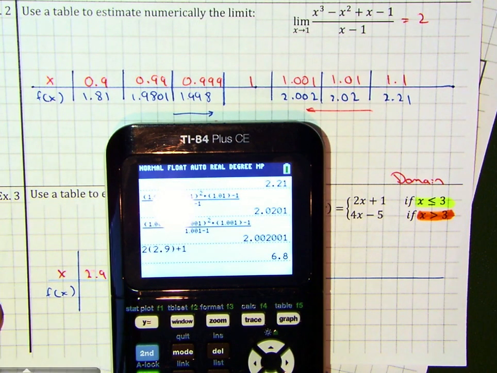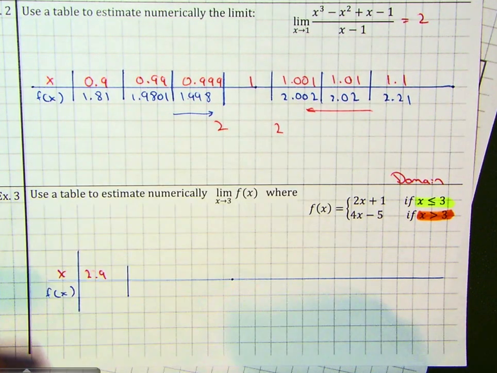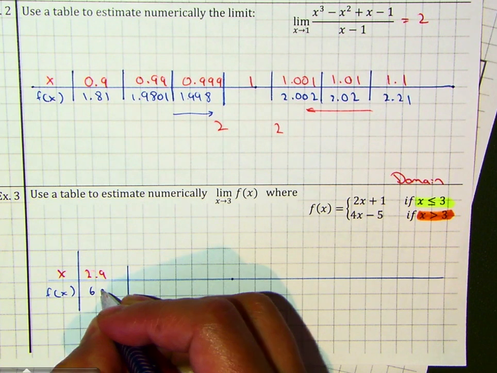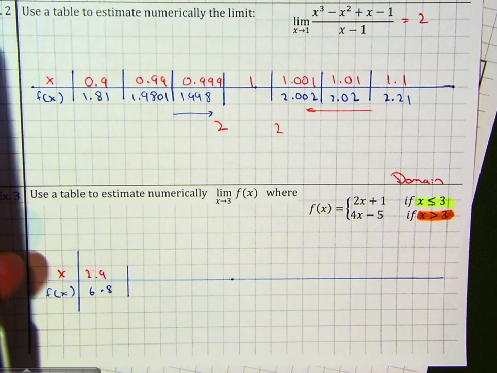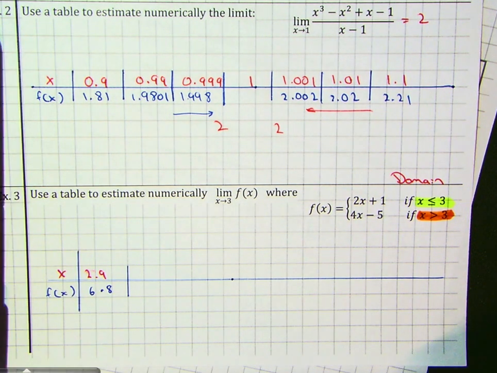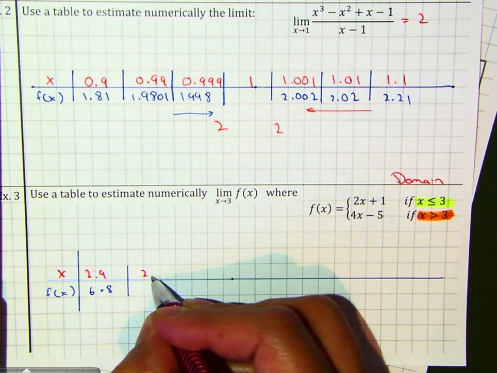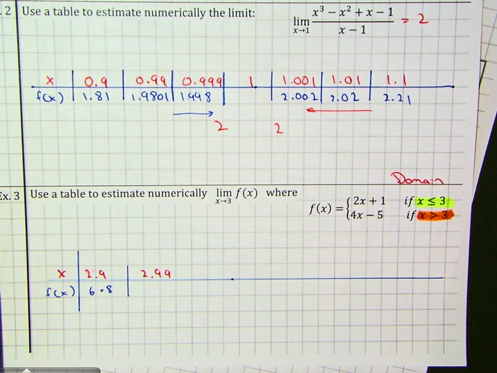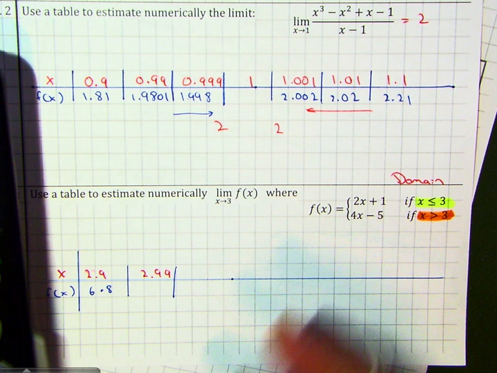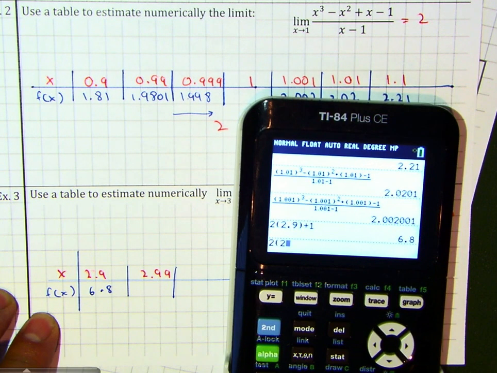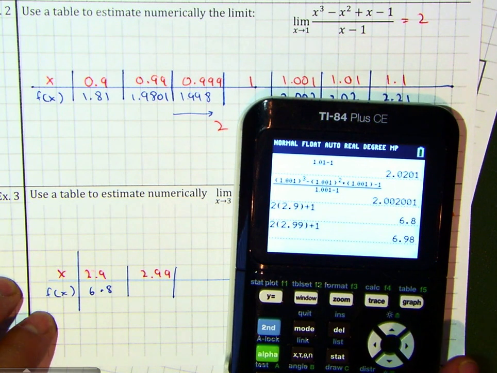So that gives me 6.8. Now I'm going to plug in a number closer to 3, so I'm going to use 2.99. Excellent choice. That gives me 6.98.